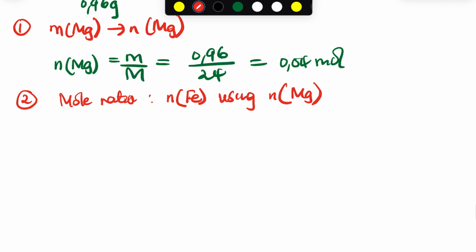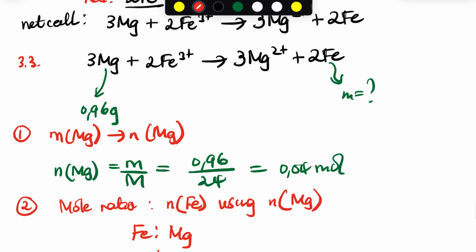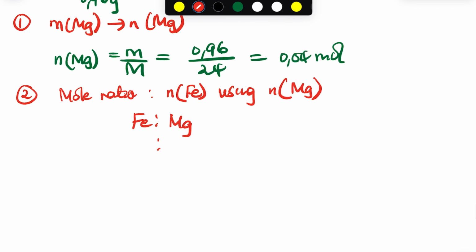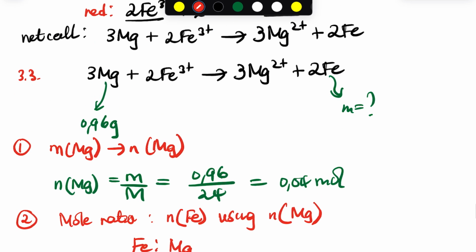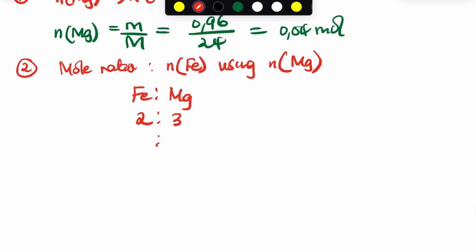So here's the mole ratio, iron is to magnesium. The ratio is 3 is to 2. Magnesium is 3 and iron is 2. We are looking for iron, so we put X there, and the magnesium is 0.04.